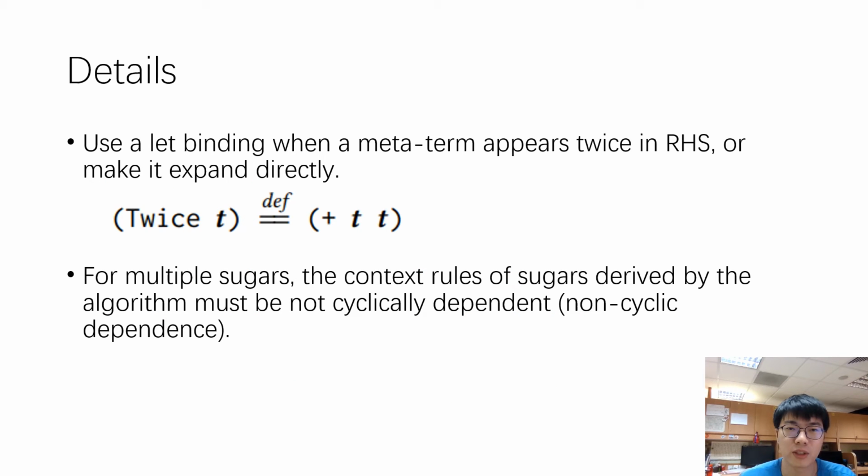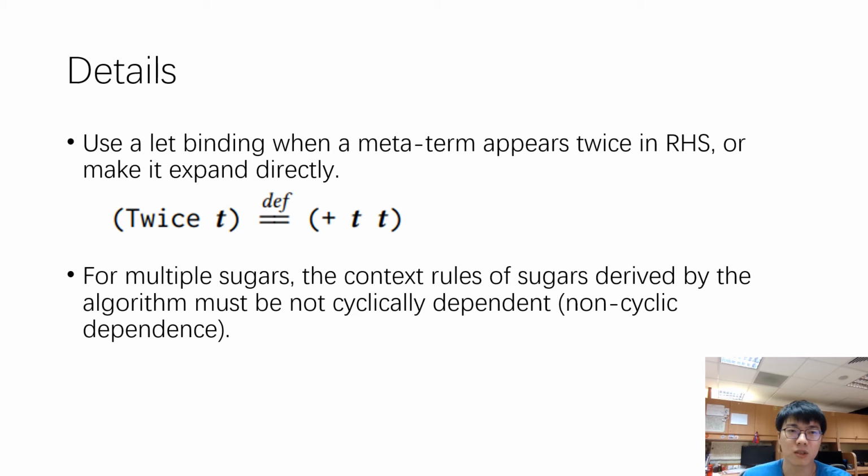Here are some detailed things for the direction of sugar's rules. For example, if the expansion is non-linear, then the meta variable can appear multiple times on the right-hand side. In such a case, the laziness won't work, because there is a time when only part of them is reduced on the right-hand side.